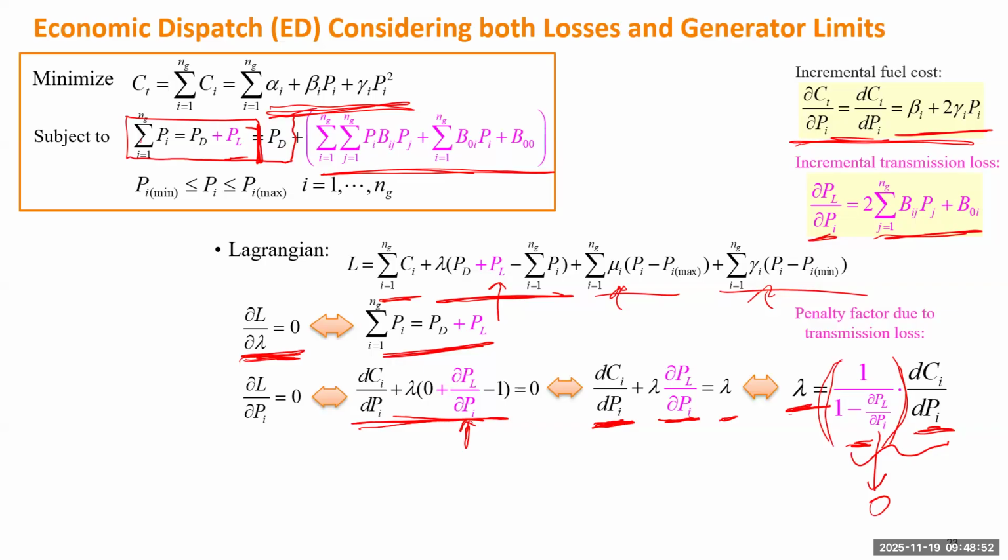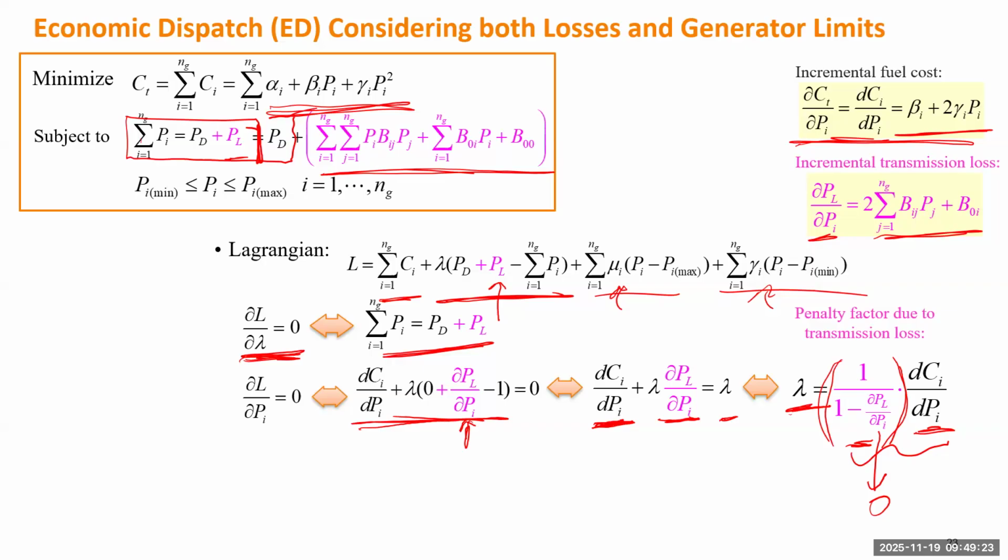If this is 1, lambda is equal to this one, which is by definition just the incremental fuel cost for each unit, because dCi by dPi is only about one unit. It doesn't depend on the network. And if this is equal to lambda, all units have to operate at the same incremental cost, which is lambda. So all generators will operate at the same price.